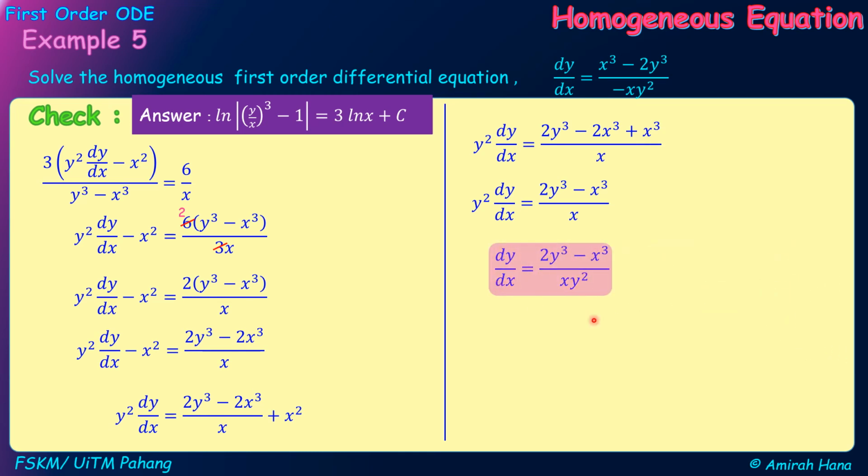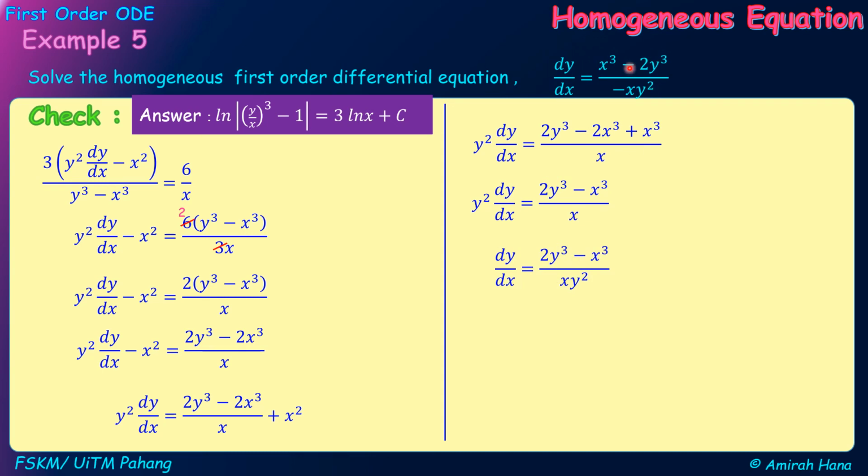So now we can compare to the given question. And when we compare, in the denominator here, we have a negative sign. But in our dy over dx here, we have the denominator with a positive sign.